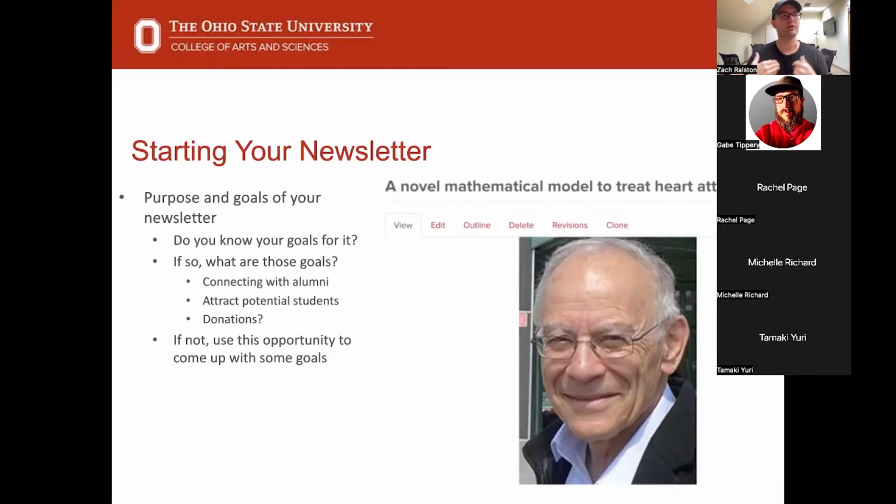For example, if you're using your newsletter primarily for undergraduate recruitment and you start out this newsletter, are you starting to see an uptick in applications for your programs? Having some kind of goal lets you evaluate how well this is going to work in the future.